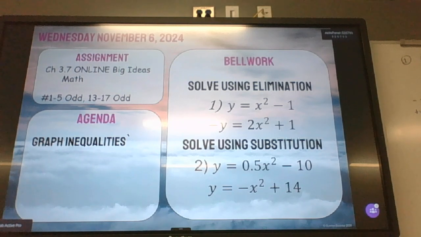This must have two solutions since we have two x values. Wait, why would it be plus or minus 4? Well, because 4 squared is 16, and negative 4 squared is 16.